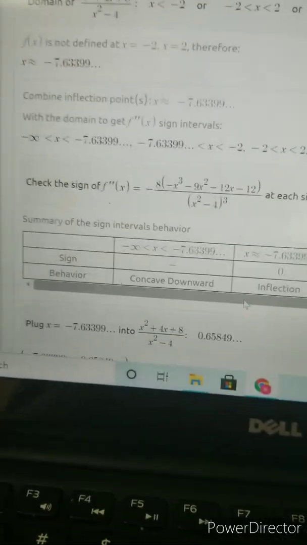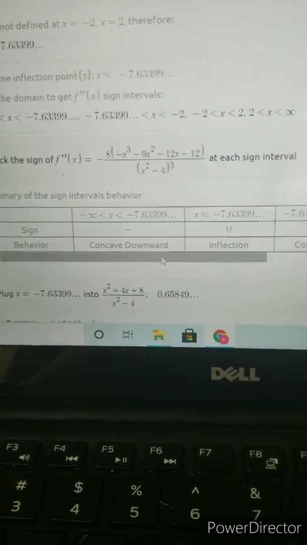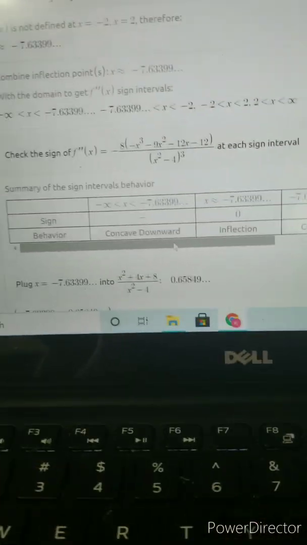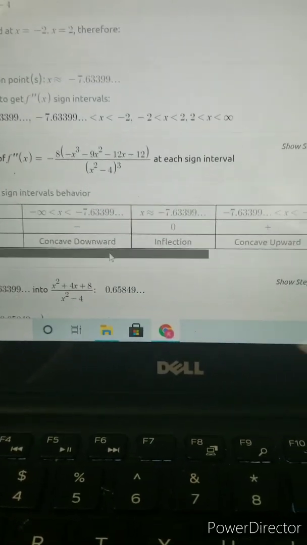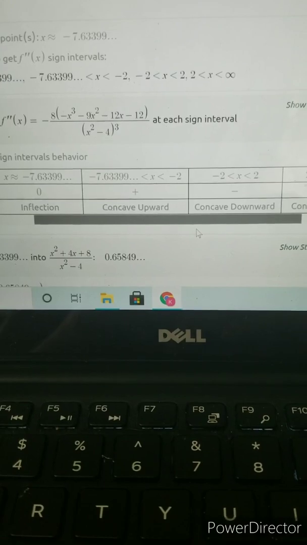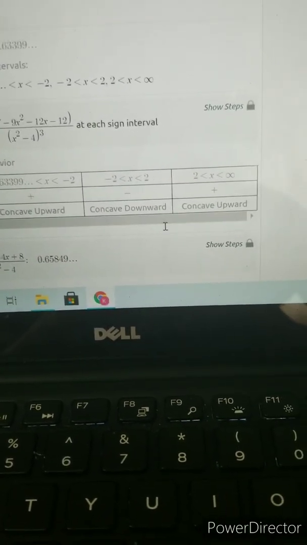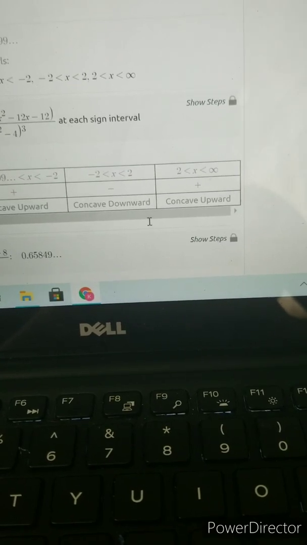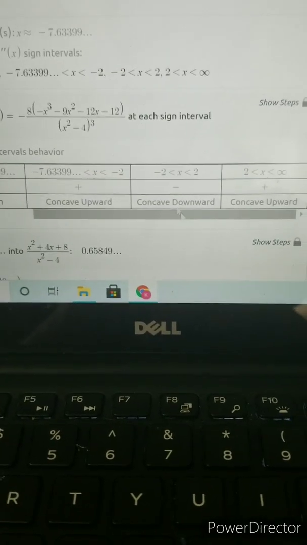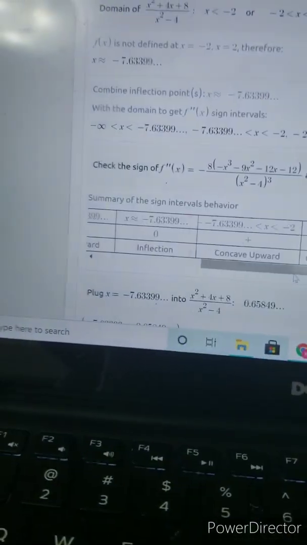And oh, look here, it even gives us a concavity table, which we can confirm is the correct one, because we found that it was concave down in between -7.6 and -2, and it was concave up also from 2 to infinity, and then it's concave down in the right intervals, right?